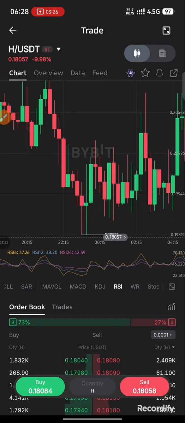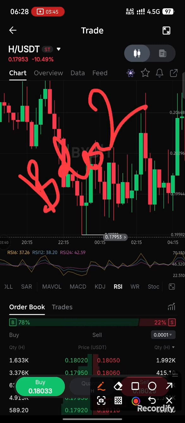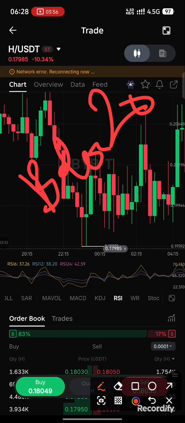So how can you apply the RSI to real-life trading? If your RSI is below 20, it means the coin has been declining and it's done going down, so you can start preparing to dive in.